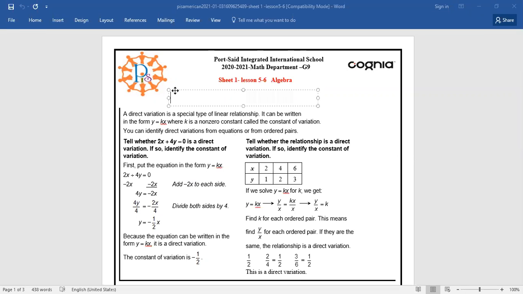The question is 3x minus 4y equals 12. Will this be a direct variation or not? Not. Anyone else want to answer? 3x minus 4y equals 12. How will you know whether it is a direct variation or not?